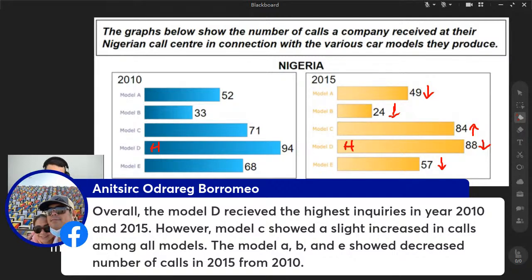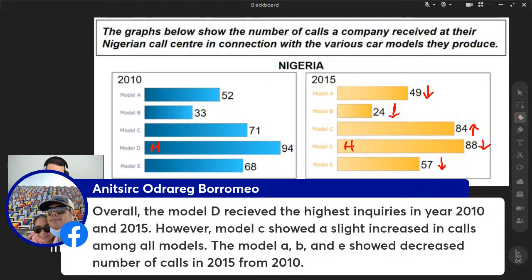Overall, the Model D received the highest number of inquiries in the year 2010 and in the years, plural, 2010 and 2015. However, Model C showed a slight increase in calls amongst all models. That's not clear. So your language ability is holding you back here. You're going to have to work on both your vocab and your grammar, because the mistakes you're making are so significant.